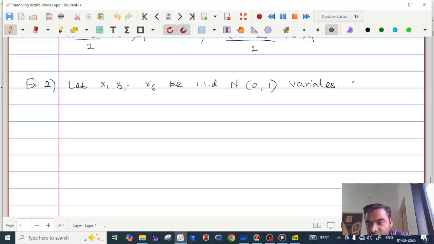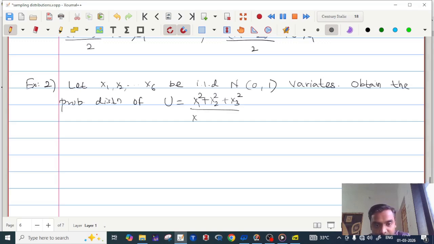Obtain the probability distribution of U equals (X1 square plus X2 square plus X3 square) divided by (X4 square plus X5 square).